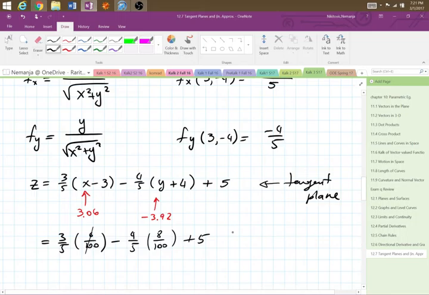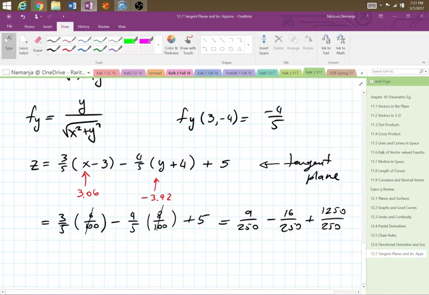So 9 over 250 minus, cancel this down, 16 over 250, and then plus 250 times 5 is 1250. This is what, -7?